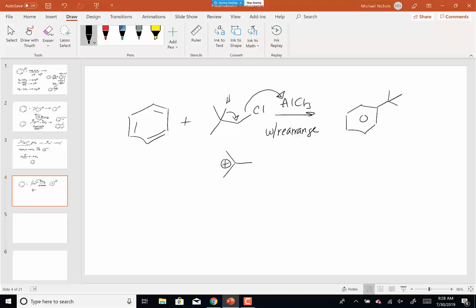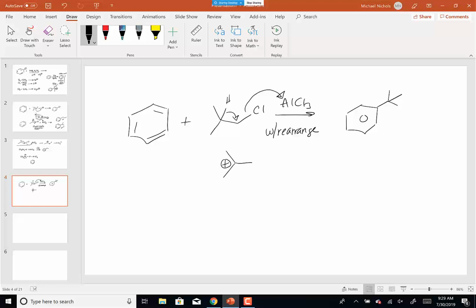And they just didn't accept my answer. They were like, "Well, how does that happen?" And I said, "Well, good. That makes a good post-lab question for you to answer as to how that happens." And this was the answer to the post-lab question, that it underwent a hydride shift. And we added a tert-butyl group to the ring.